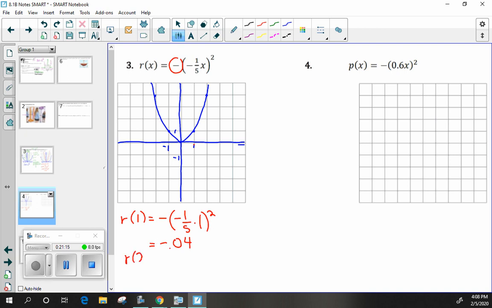And moving to our 2 value, we would get a negative 1/5 times 2 squared, which will give us a negative 0.16.